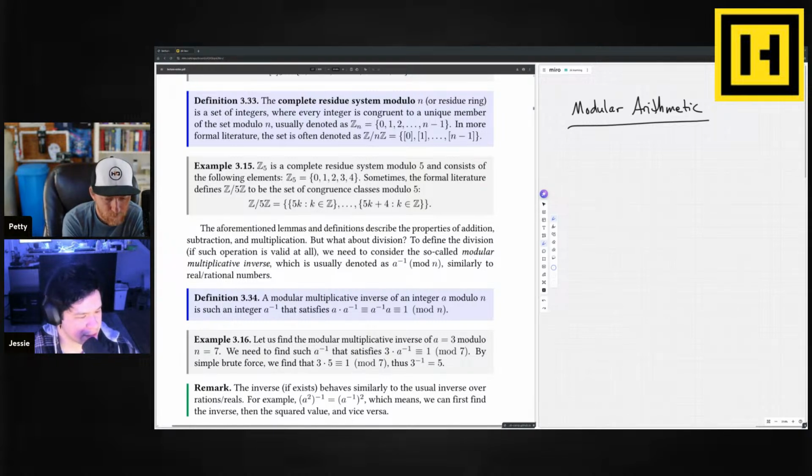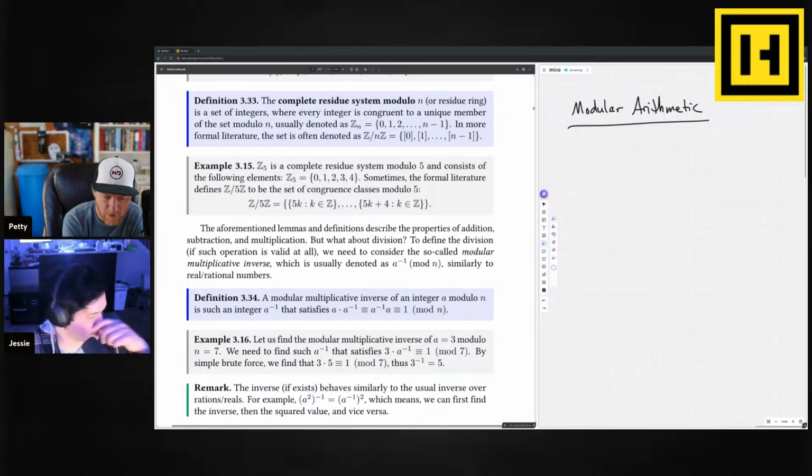And so it looks like the thing that we're incrementing here is by the elements within the original residue system. So it's going to be 5k plus n, where n is 0, and then 5k plus 1, 5k plus 2. Is that how I'm supposed to read that? Yeah, I think so.